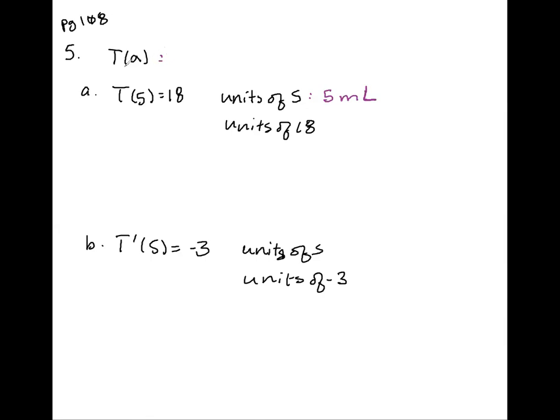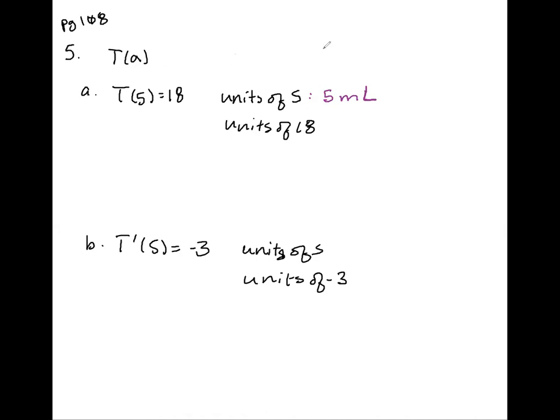And the way that we would solve, for instance, a function, if we were given A times 2 plus 4 or whatever, is we would put in 5 here. We would substitute 5 in. So we know that this 5 represents the milliliters.